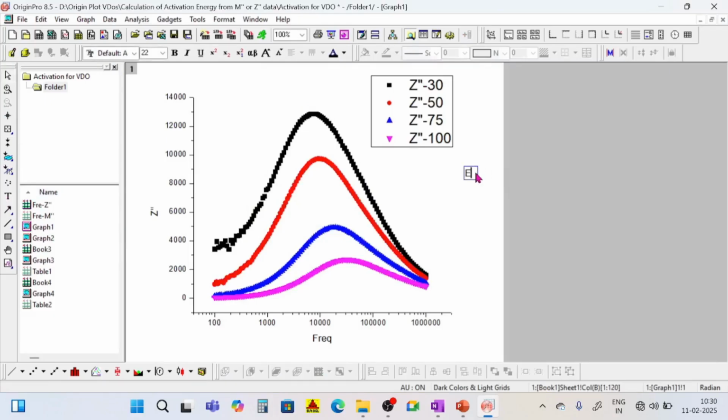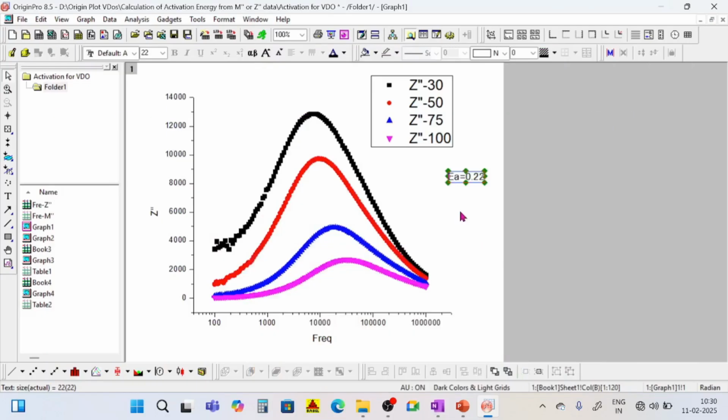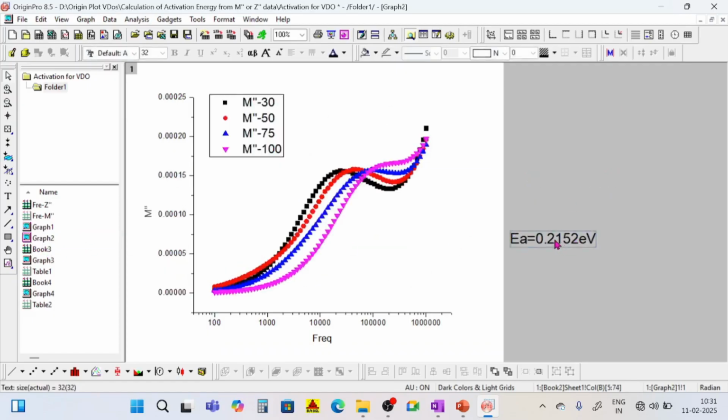So here from Z double prime, how much activation energy did we find? 0.2152, okay, 215 you can write, 0.2152 electron volt from Z double prime data. Similarly, from Z double prime data by considering the Arrhenius equation we found the activation energy is 0.2152 electron volt, and from M double prime we found approximately that value, around 0.22, right?